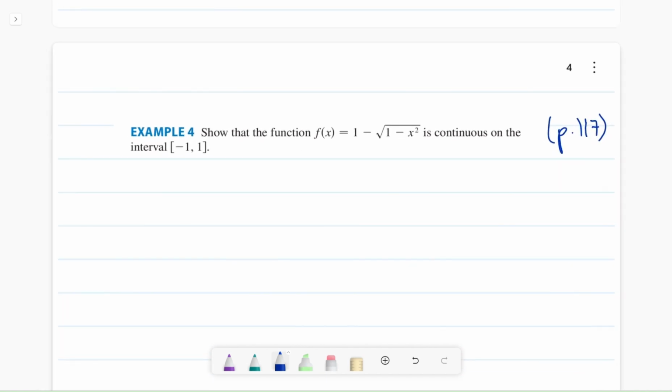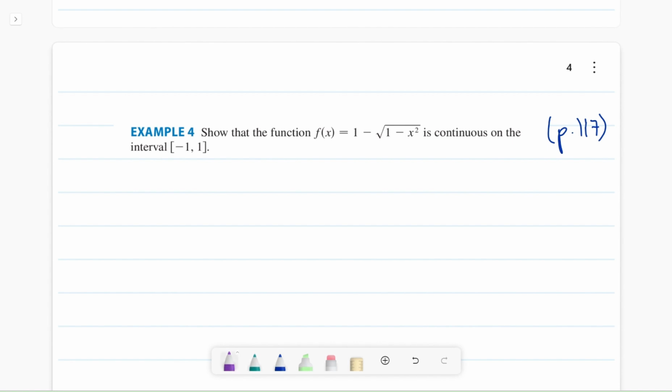Now let's proceed to an example. Show that the function f of x equals 1 minus the square root of 1 minus x squared is continuous on the interval -1 to 1, including both endpoints. So, this is what I was telling you before. I will explain continuity on an interval using an example. First of all, for a function to be continuous on an interval, it has to be continuous at every point in the interval.